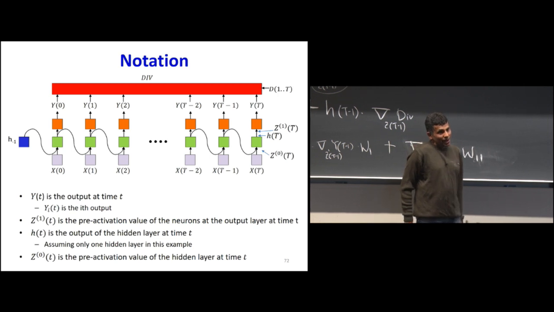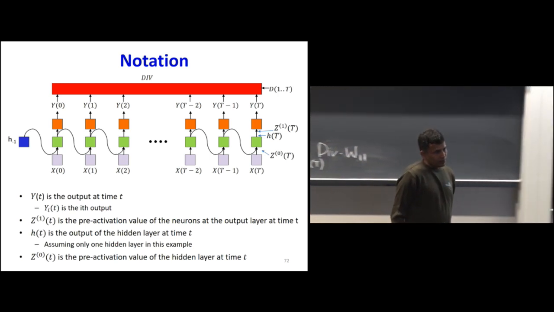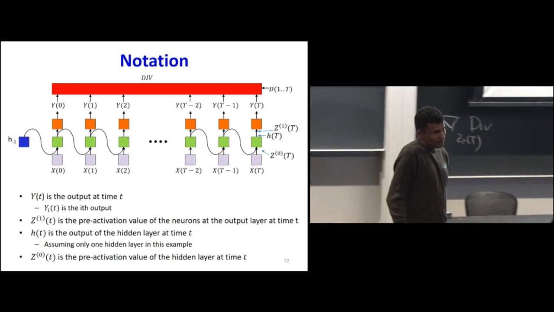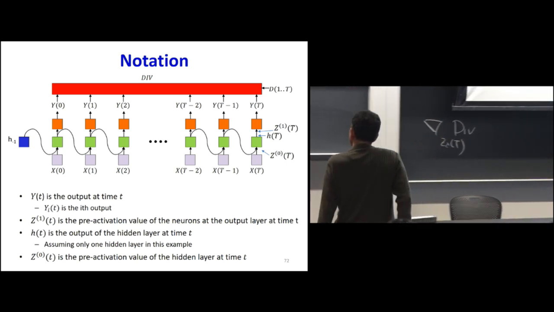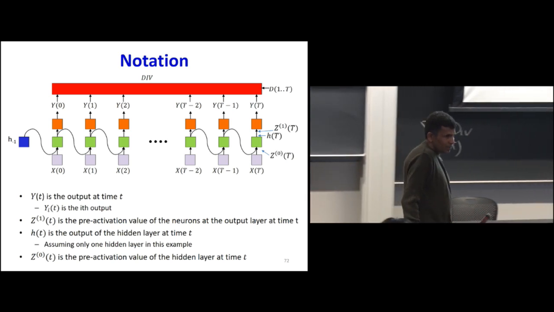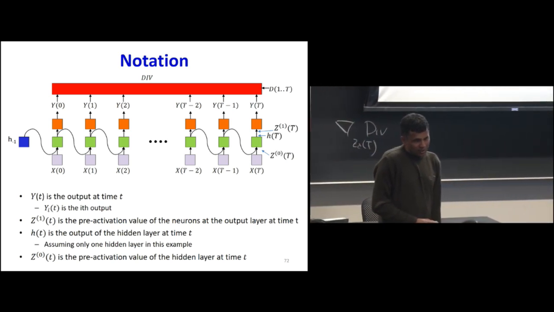And everybody see why this happened? Why is it not the derivative with respect to h of t in z? Why did we take a derivative with z0?